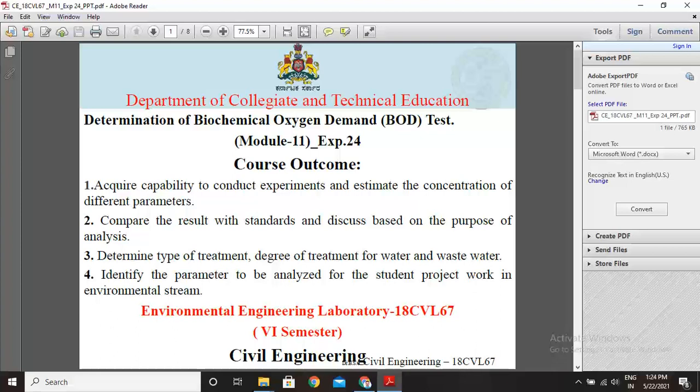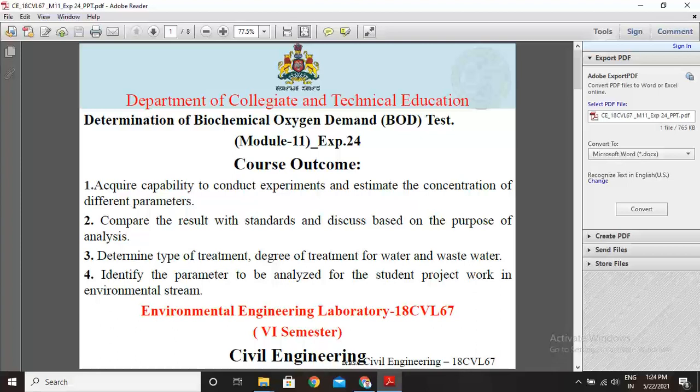Third course outcome is to determine the type of treatment, degree of treatment for water and wastewater. Fourth, identify the parameter to be analyzed for the student project work in environmental stream.